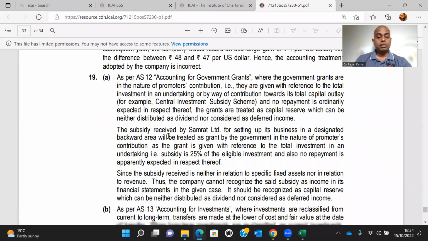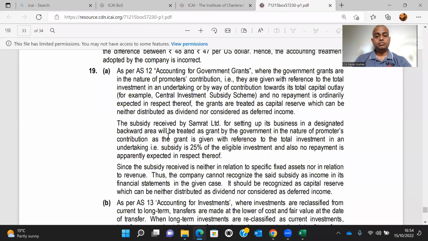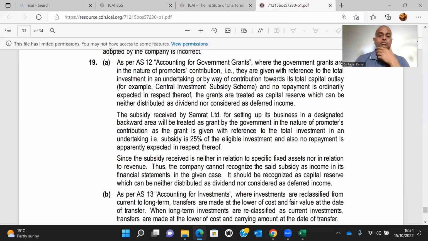So can you read this question number 19A, please? So who's gonna read? Abhirami, are you reading this? Yes, sir. Yeah, read.